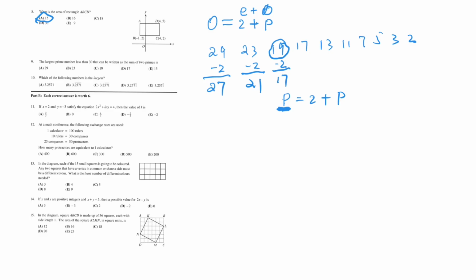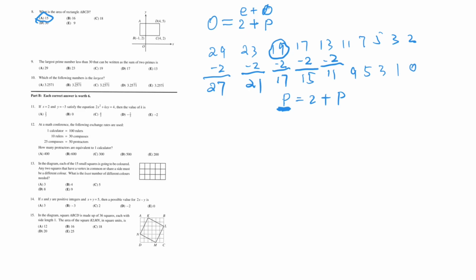We can still do this one. So 17 minus 2, 15. 13 minus 2, 11. 11 minus 2, that's 9. 7 minus 2, 5. 5 minus 2, 3. 3 minus 2, that's 1. 2 minus 2, that's 0.